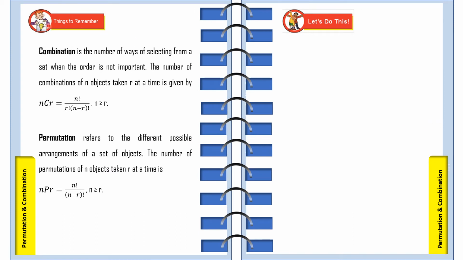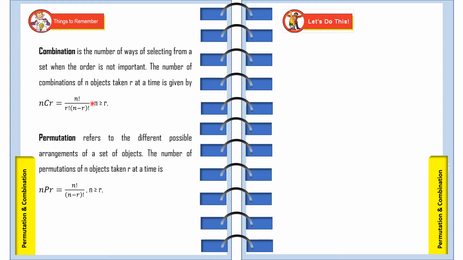Okay, so before we do our lesson proper, things to remember muna. So again, balikan natin yung mga definition of terms. First is the combination. It is the number of ways of selecting from a set when the order is not important.